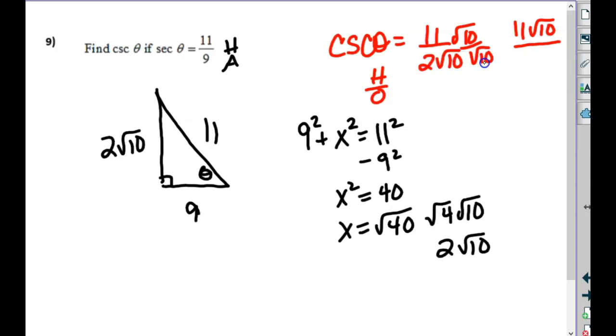Two square roots of 10 times square root of 10 would become what? Times 2 is? Okay, I thought somebody said 11. I'm sorry. All right. It does ask you to find more than one, by the way. It might also say find the tangent or the cotangent or something, okay? Once you've drawn it, you're good.